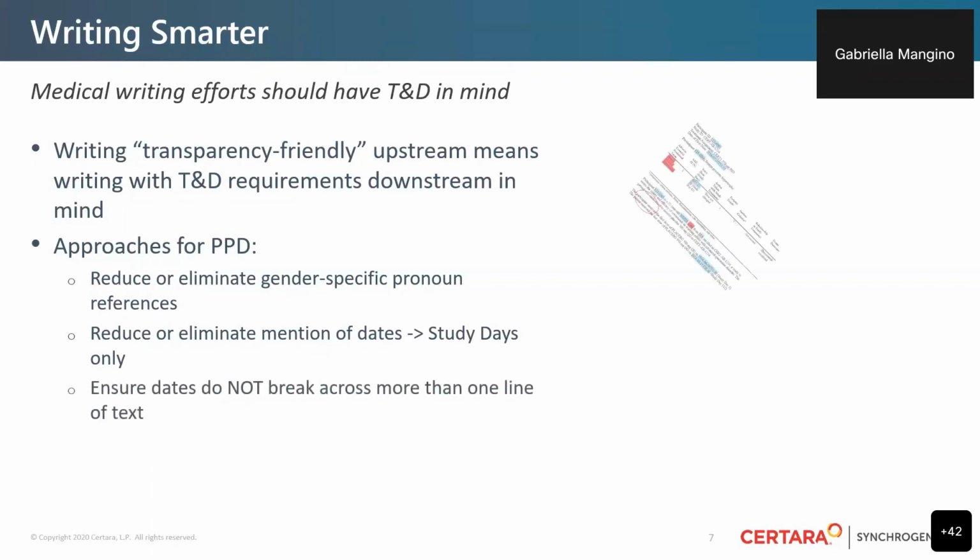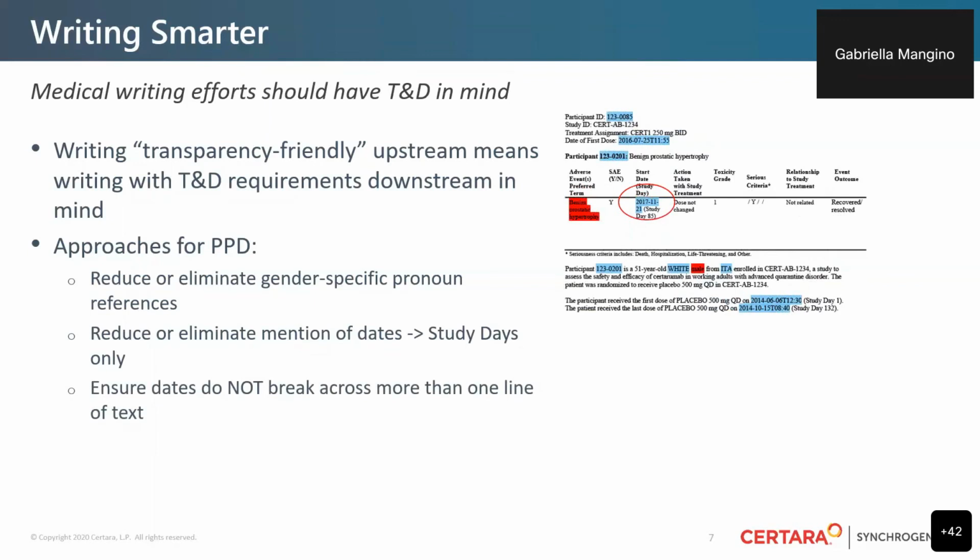If we do decide to use dates within our narrative template, for example, we do want to ensure that they do not break across more than one line of text. So in this example, I've circled a date that is breaking across a line. And oftentimes this break is going to interfere with a clean redaction box that can go over that one date using just one box.